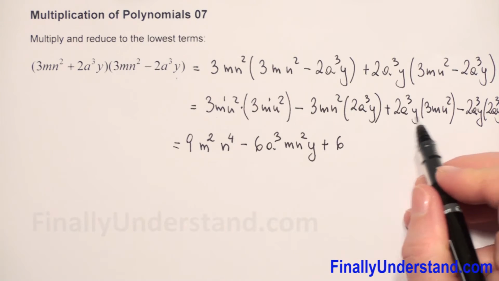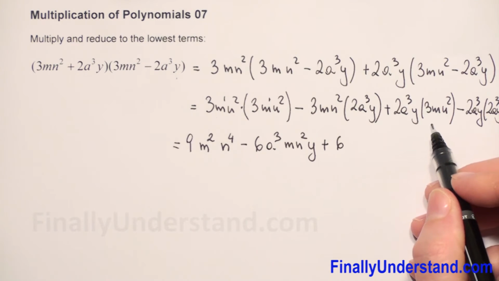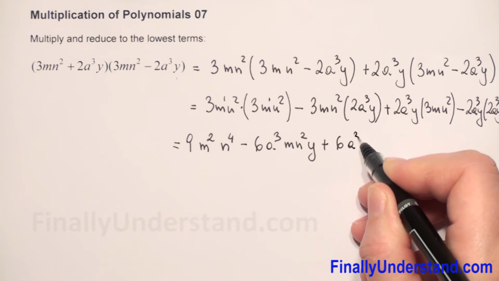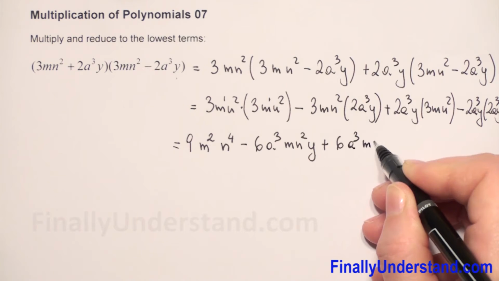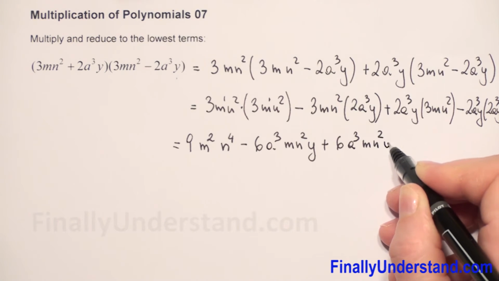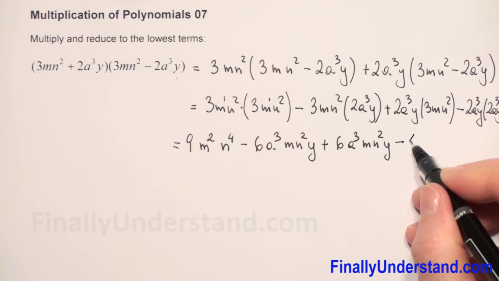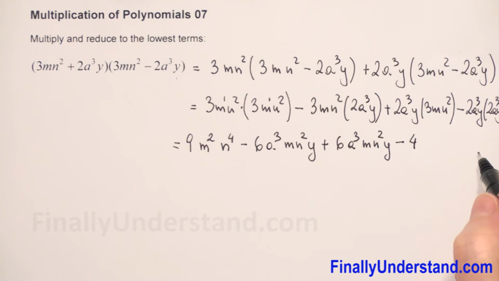And next we have different variables, so we will put them in alphabetical order. First a cubed, next m, n squared, at the end y. And we have minus 2 times 2 gives me 4, and again the same variable with the same variable.